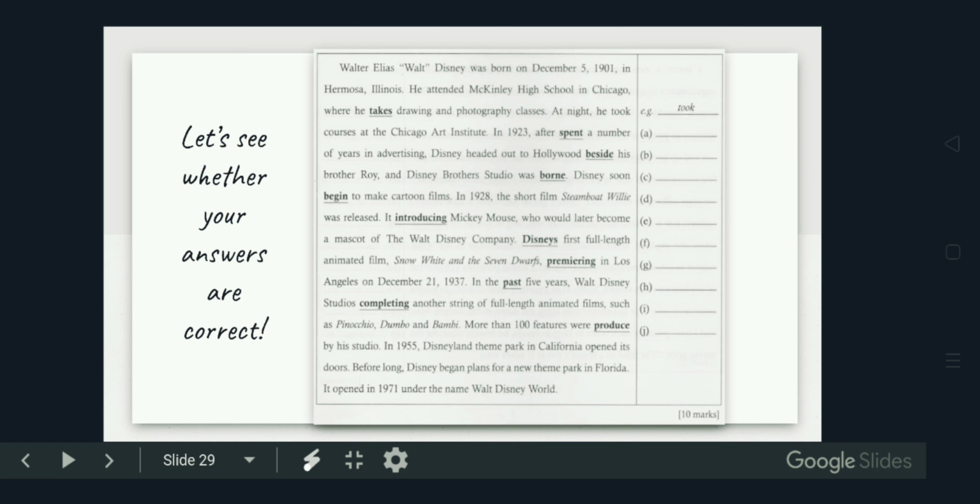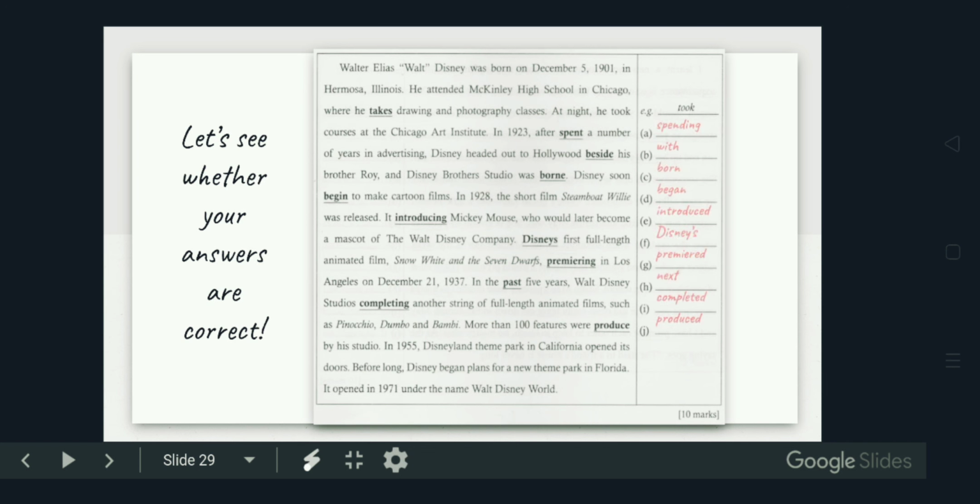In the past 5 years, Walt Disney Studios completing another string of full-length animated films such as Pinocchio, Dumbo, and Bambi. More than 100 features were produced by his studio. In 1955, Disneyland theme park in California opened its doors. Before long, Disney began plans for a new theme park in Florida. It opened in 1971 under the name Walt Disney World.